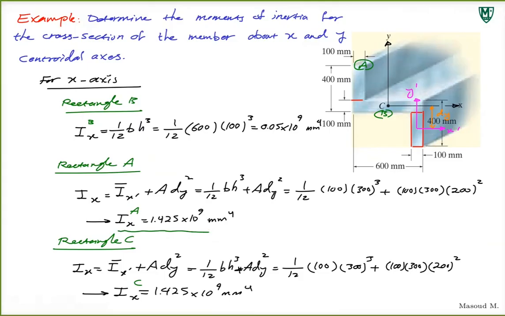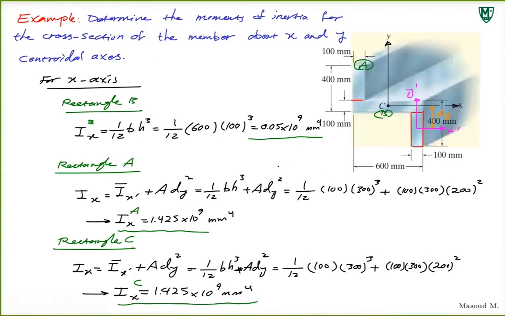So we have this, we have this, and we have this. So for the composite area, Ix is basically adding up all these. For the composite area, Ix is Ix rectangle A plus Ix rectangle B plus Ix rectangle C. You have all of it.